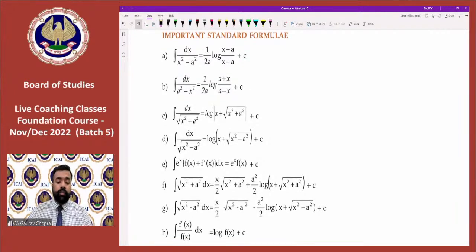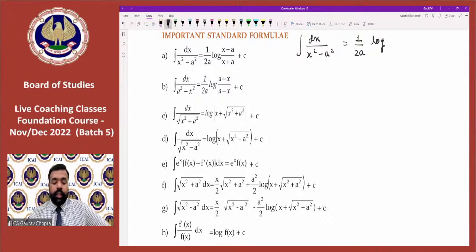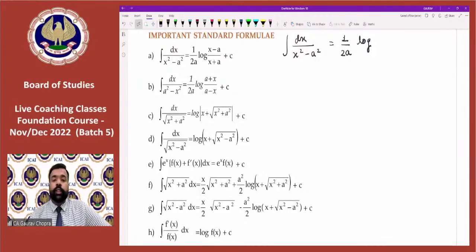So the first one says dx by x square minus a square. So it is similar to a square minus b square in the denominator, but the formula is different. It is 1 upon 2a. First step is write 1 upon 2a. Then log. Then what is the formula for a square minus b square?